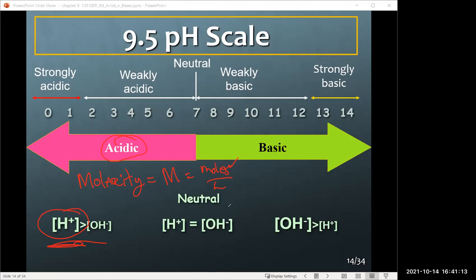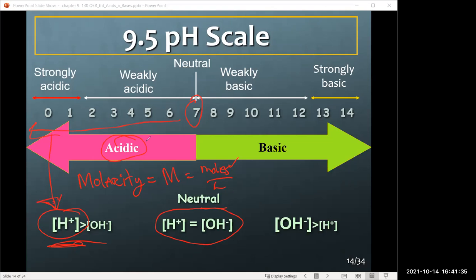Now, at such point in time that the proton concentration is the same as the hydroxide concentration, that is neutral, okay? And so from 7 on down is acidic, and that's what this relationship is.